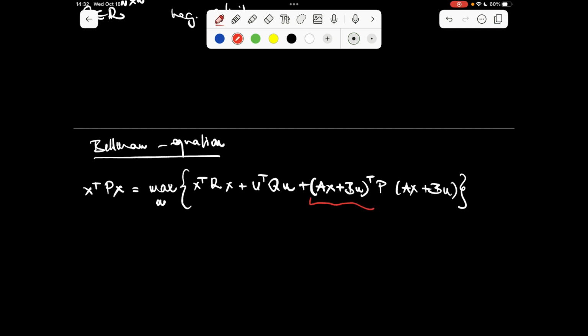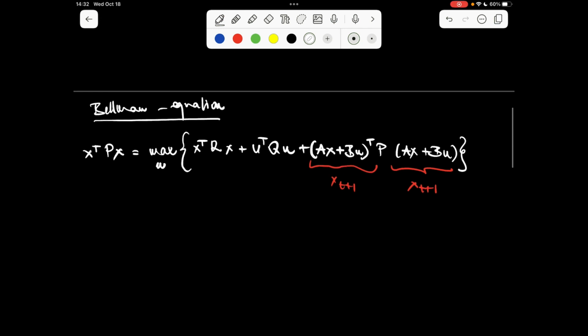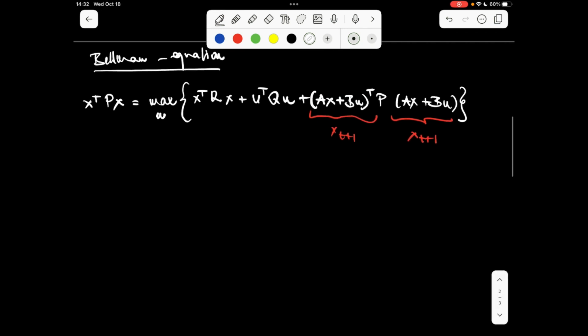So this is actually the state next period. All right. So at this point we need the first order conditions as usual. So we are supposed to differentiate the Bellman equation with respect to u, the control variable, but we cannot do this until expanding the Bellman equation.